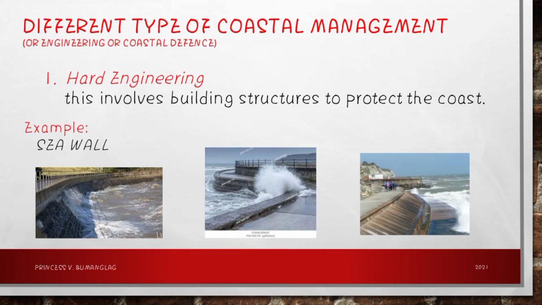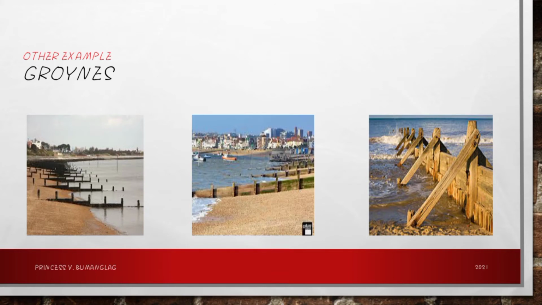Next example is groins. Yung groins naman, these are wooden barriers that are built at a right angle to the beach. Minsan ito pa nga parang yung napagkakamalan nating parang daan eh. Okay? Pero groins pala yung tawag doon. Advantage nito is to prevent the movement of beach material during longshore drift.